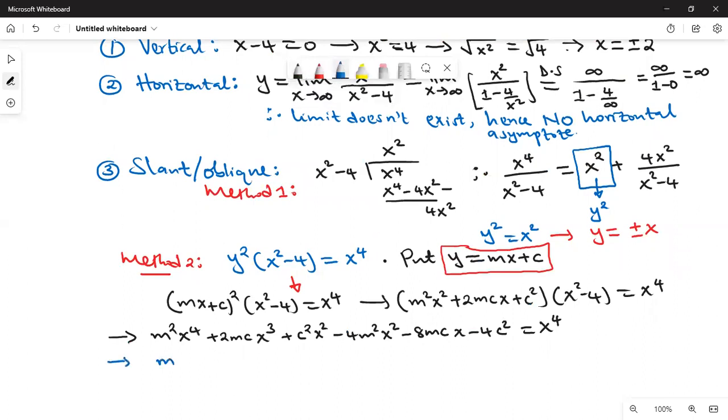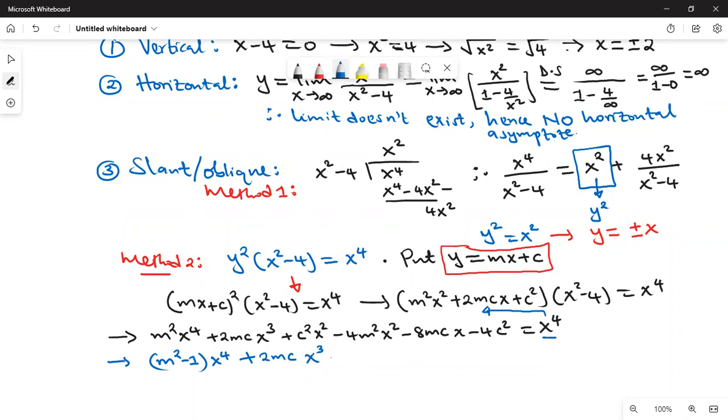I'll be having (m squared minus 1), that's the coefficient of x raised to 4. Remember, there's another x raised to 4, so you take this to the left-hand side, so it becomes minus x raised to 4. And then combine with the m squared x raised to 4, so you get (m squared minus 1) x raised to 4. Coefficients of x cubed, I can only see this one, so plus 2mc x cubed.